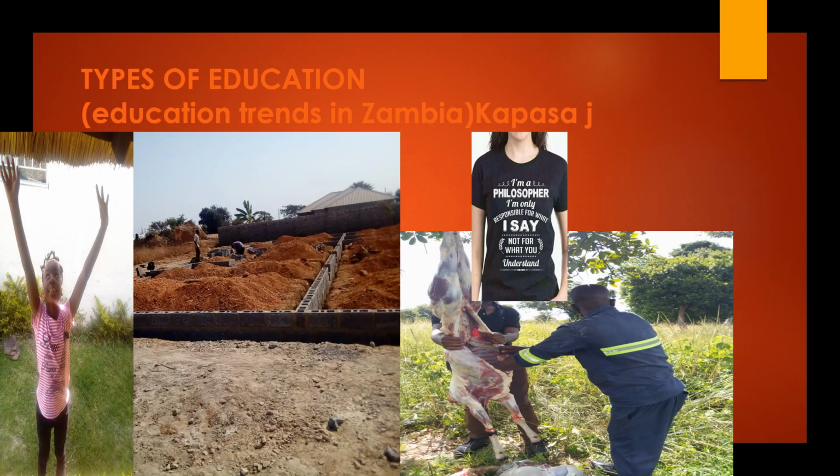Now, during colonial education, the main aim of education was political domination, alienation, and assimilation.